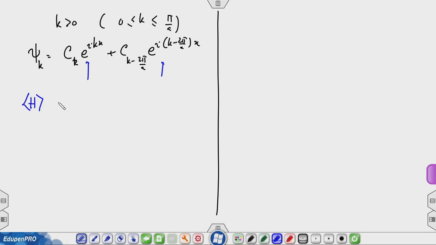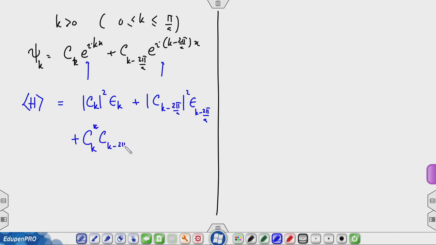And if you do that, what you will find, and I will leave this as an exercise for you, is |c_k|^2 epsilon_k plus |c_(k minus 2 pi by a)|^2 epsilon_(k minus 2 pi by a) plus c_k star c_(k minus 2 pi by a) V_(2 pi by a) plus c_(k minus 2 pi by a) star c_k V_(minus 2 pi by a).